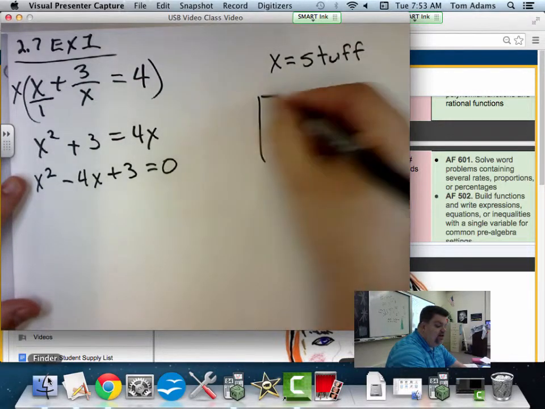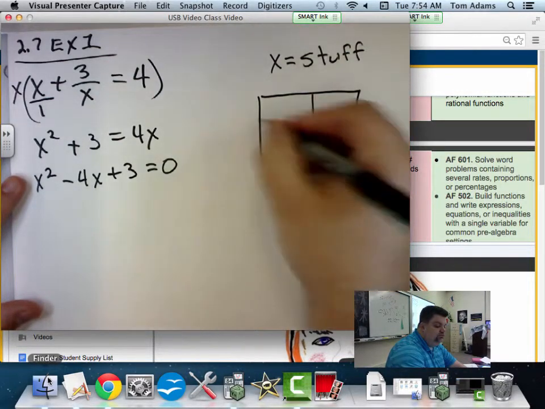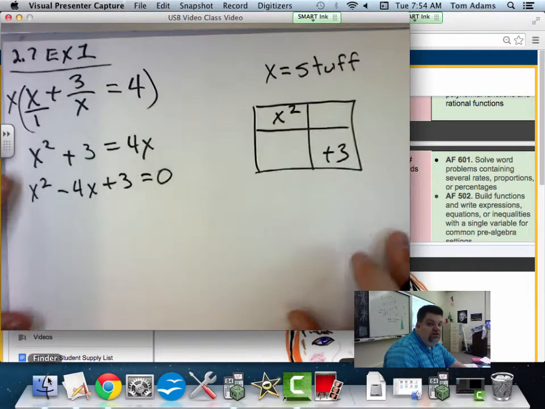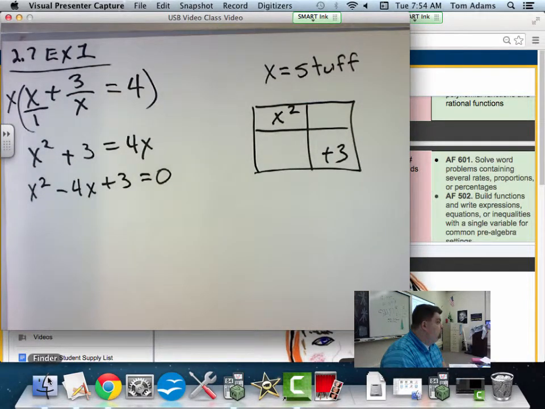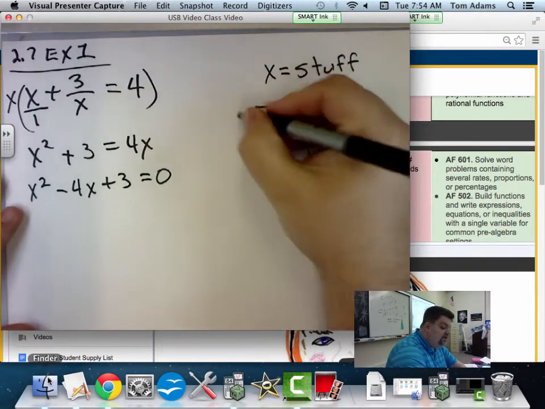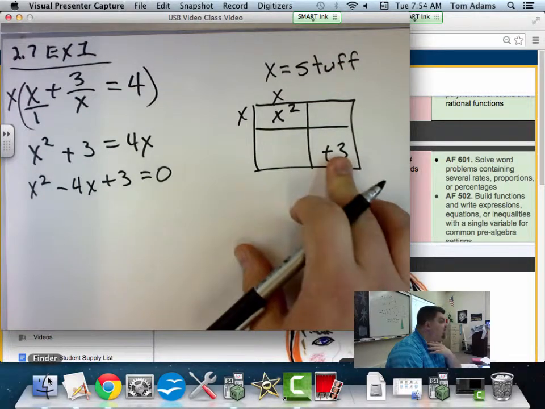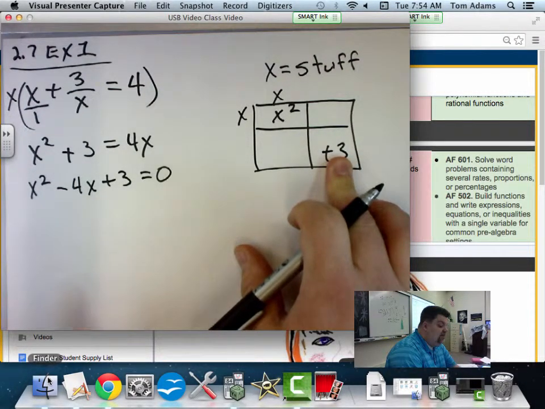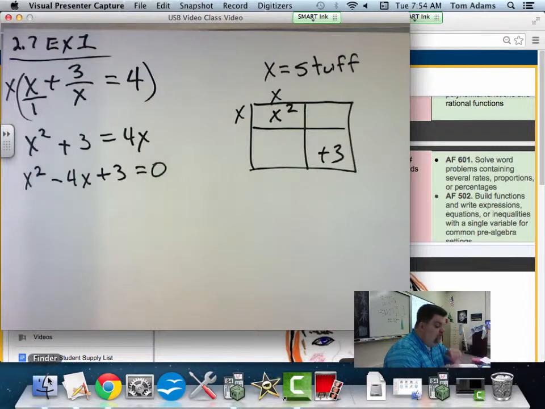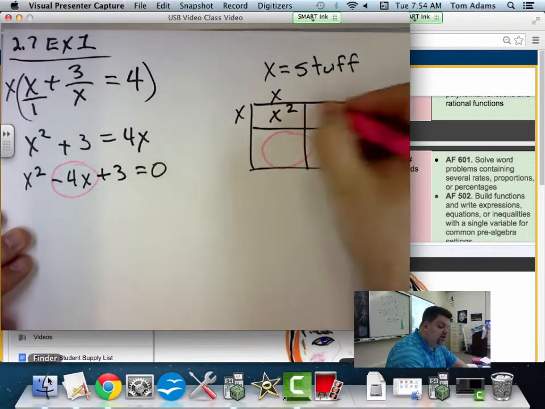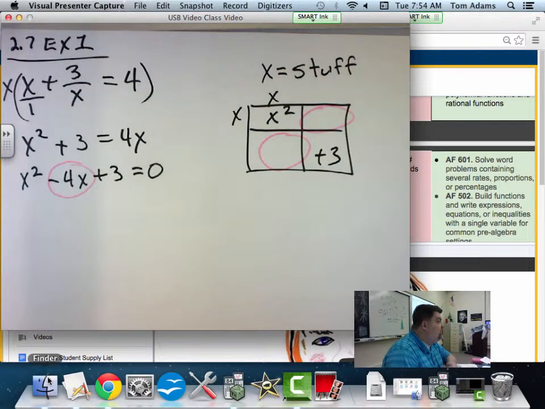So then over here, do you think that's factorable? Well, I know that x times x gives me x squared. What two things can I multiply to get positive 3, but when I add them up, I get negative 4, right? These two terms have to add up to equal negative 4x. How could I do that?